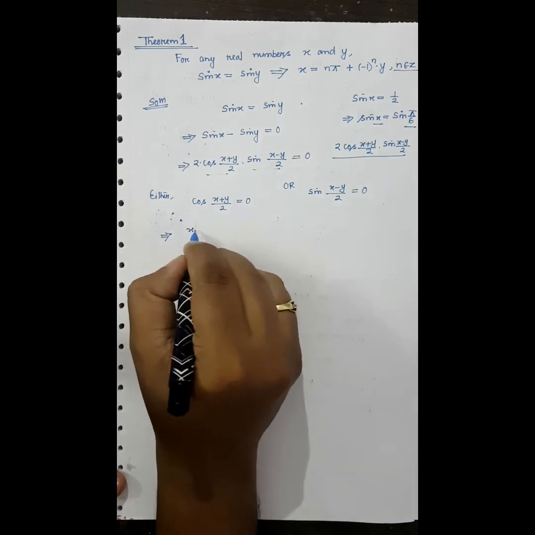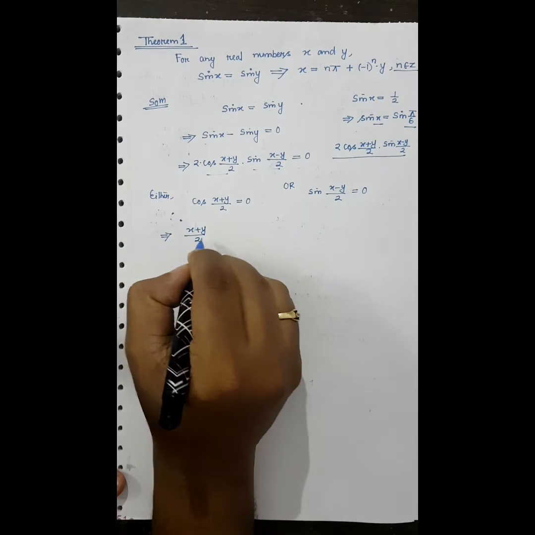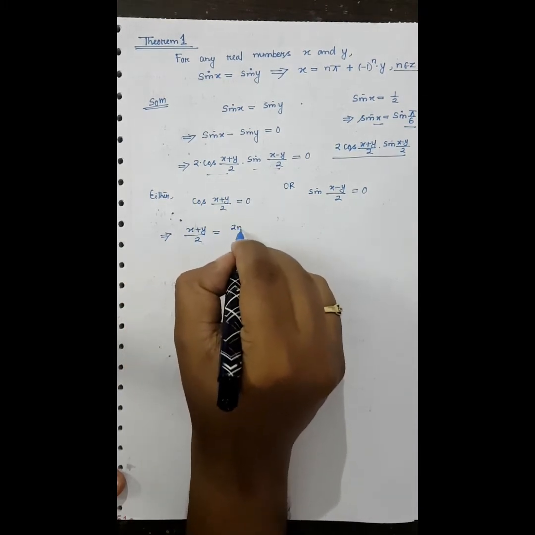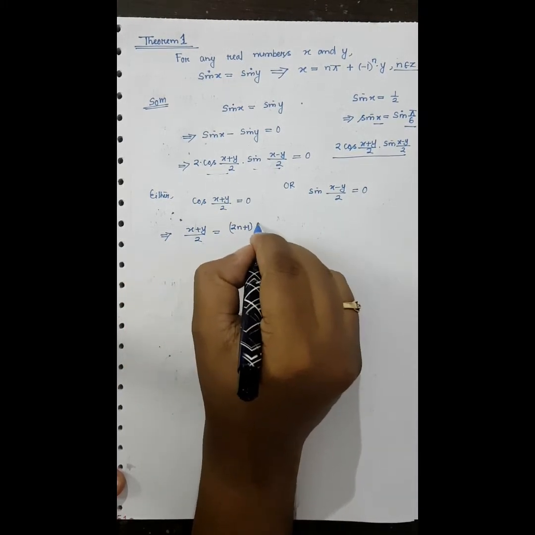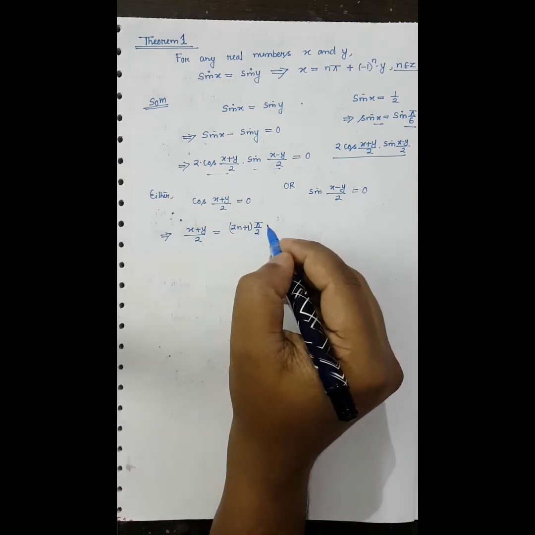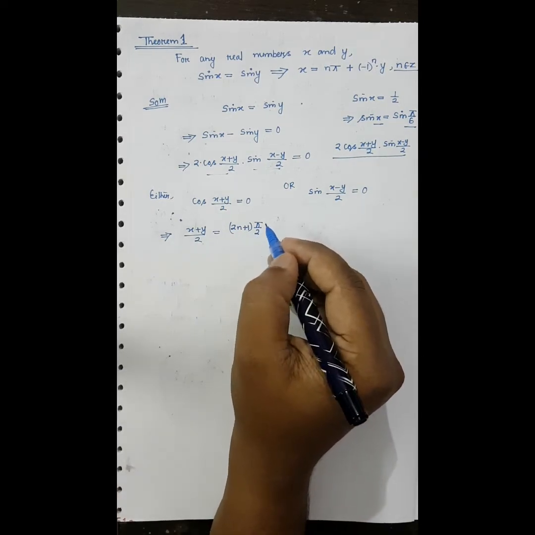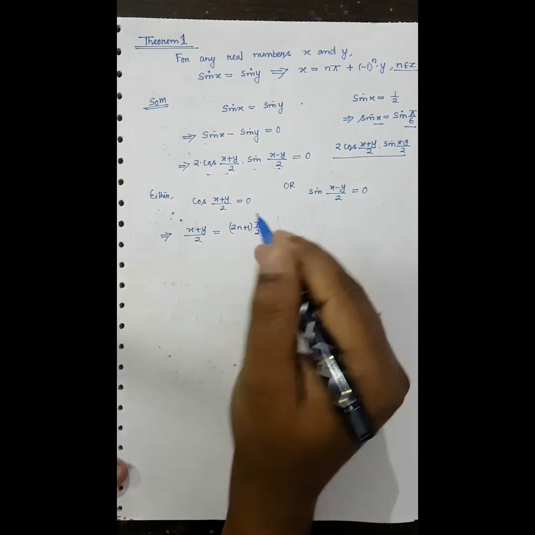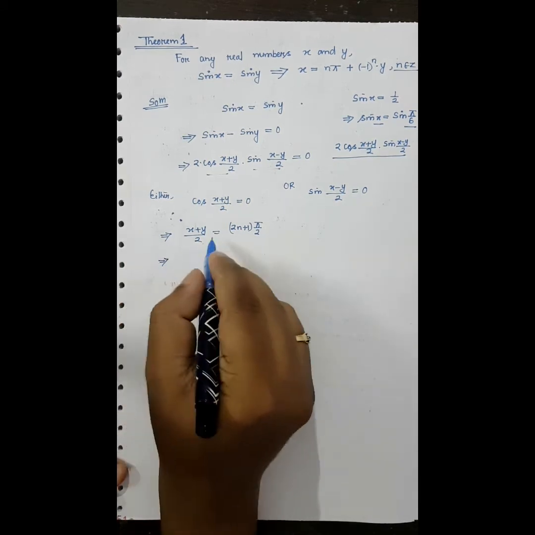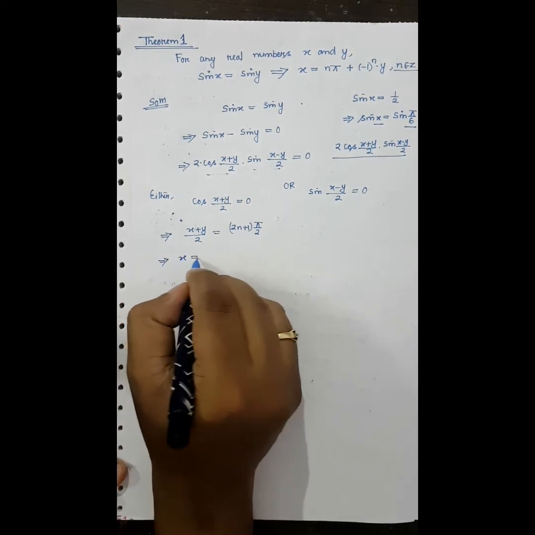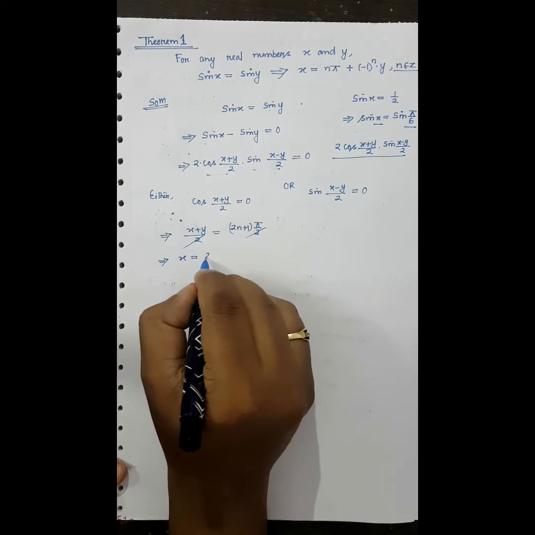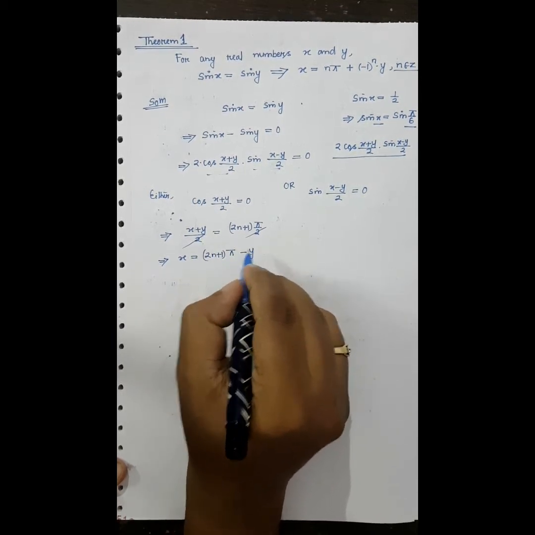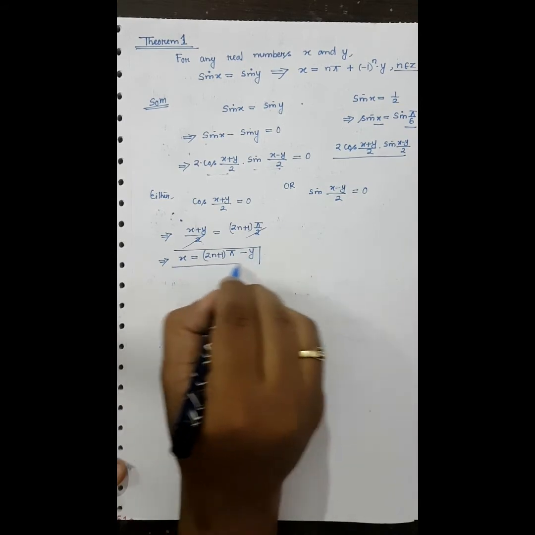So I can write (x plus y) by 2 is equal to (2n plus 1) into pi by 2. Whenever the angle is an odd multiple of pi by 2, the value of cos will always be equal to 0. So upon solving, 2 cancelled, we get x equal to (2n plus 1) into pi minus y. This is your first solution, number 1.